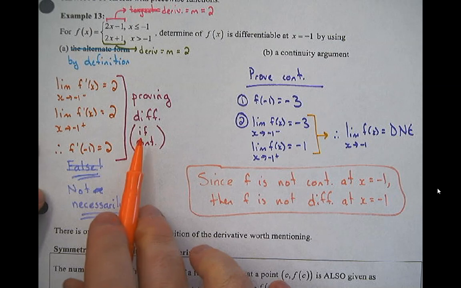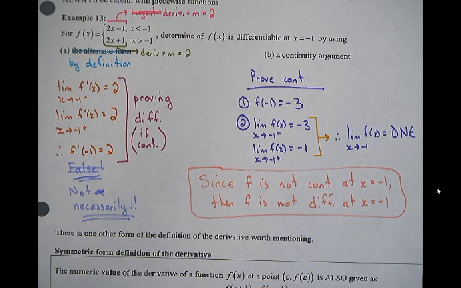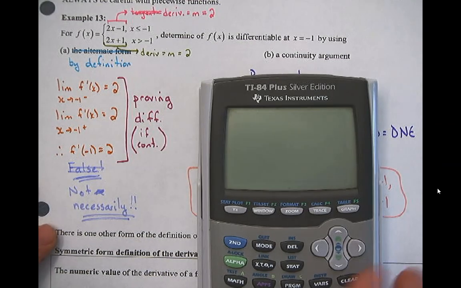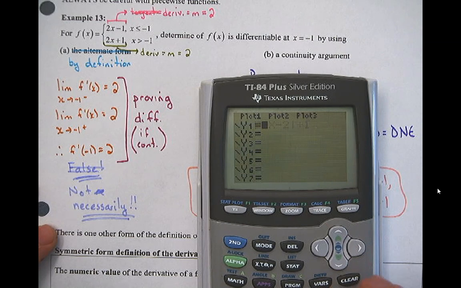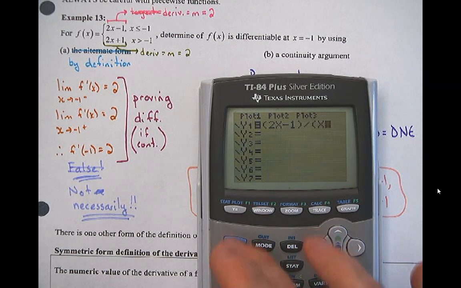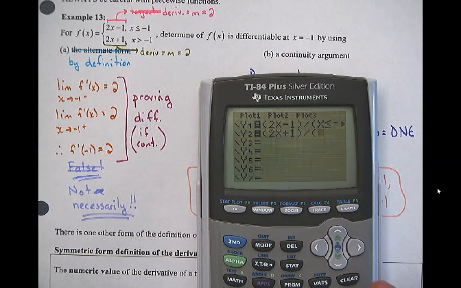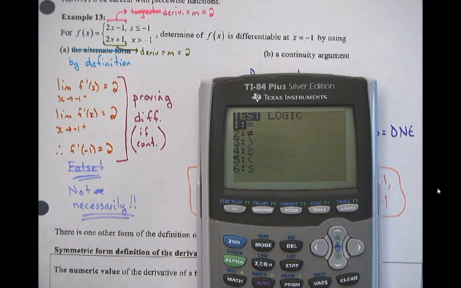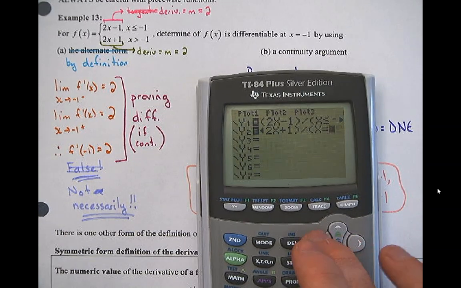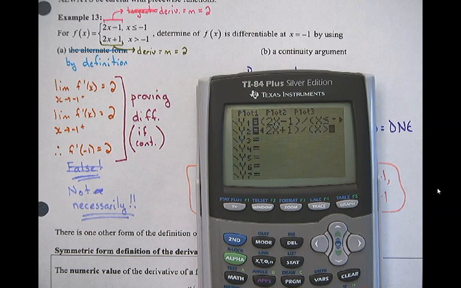Now you might say, well, wait a minute, didn't we just prove differentiability? Didn't we just show that these two things are at the same height? Well, let me see if I can get a good graph here and show you what happened. So we would do 2x minus 1 for x is less than or equal to negative 1, and then I'm going to graph 2x plus 1 for x is greater than negative 1.